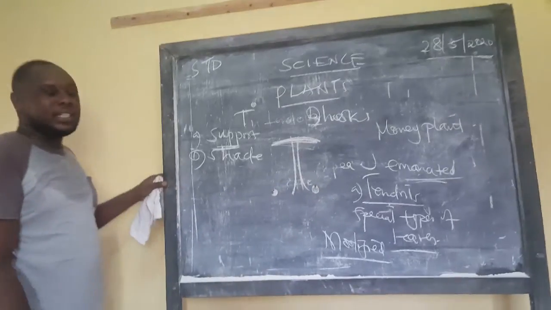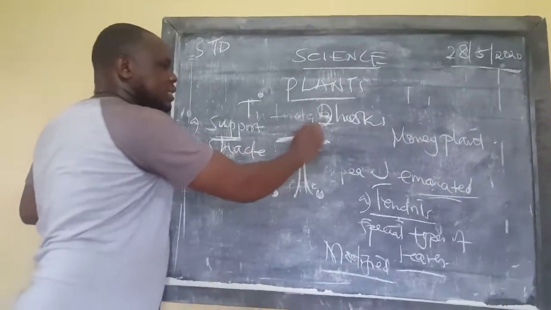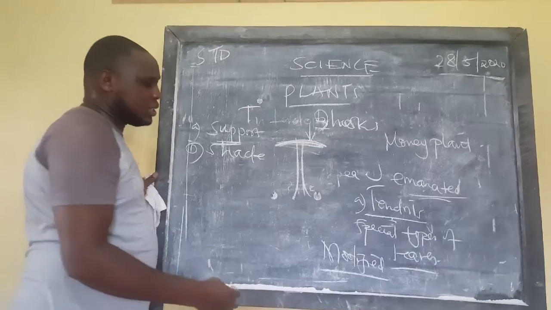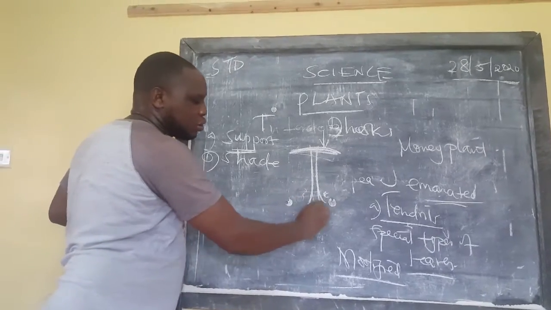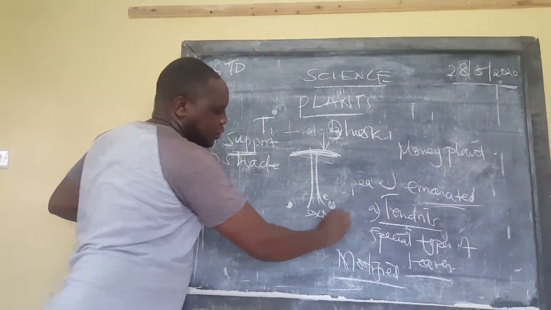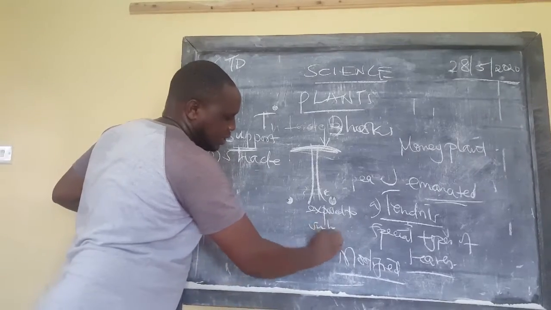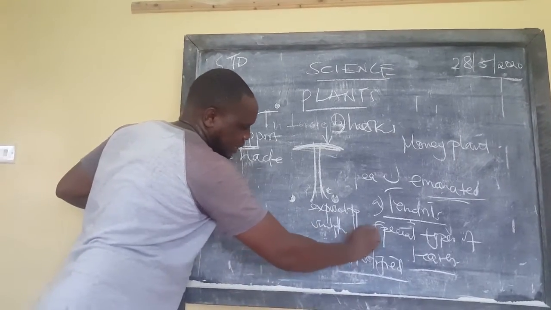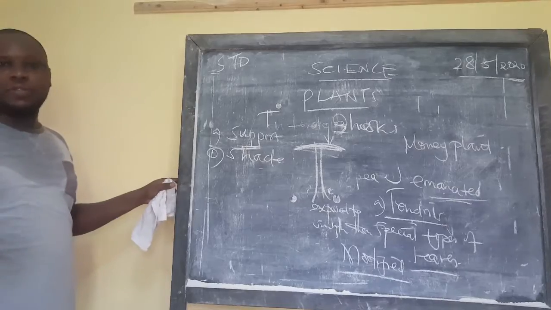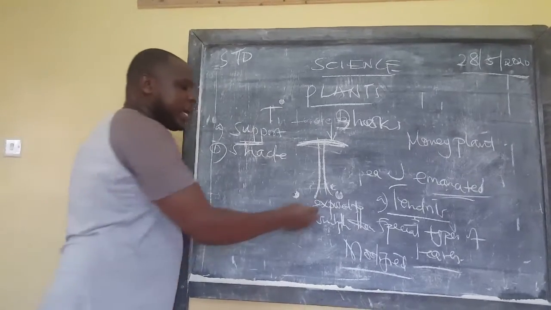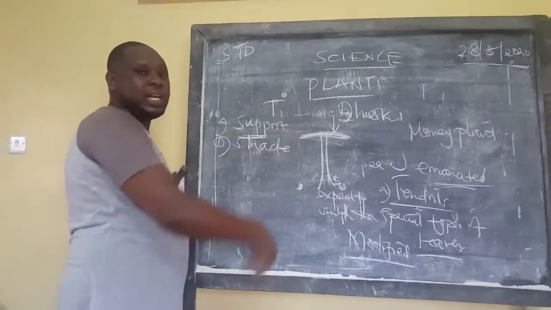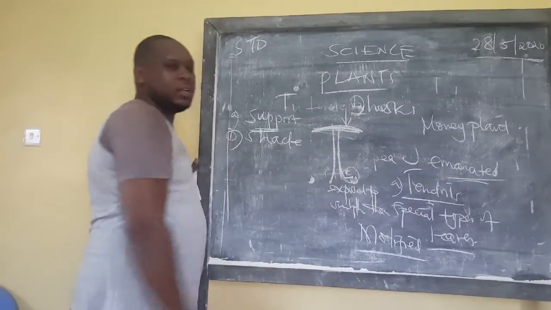Ideally, they want to get shade. And why? Because of the climatic conditions, the weather conditions. When these plants are exposed to a lot of light, to sunlight, to heat, they die. For example, take the ferns. Ferns are so weak that when they are exposed to direct sunlight, they just die.